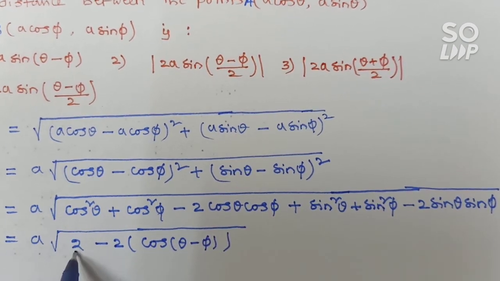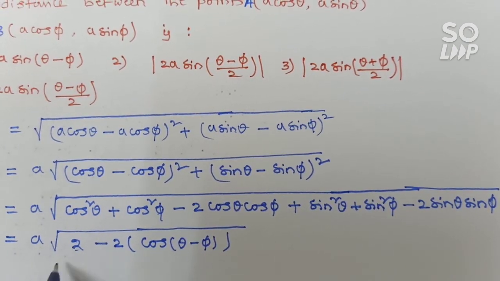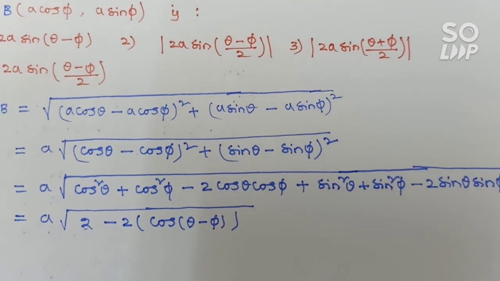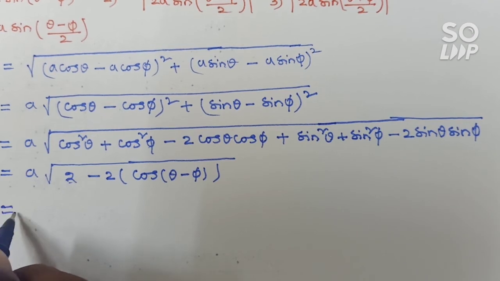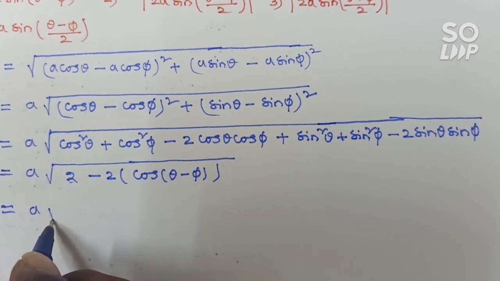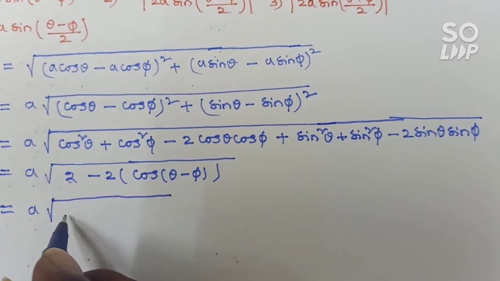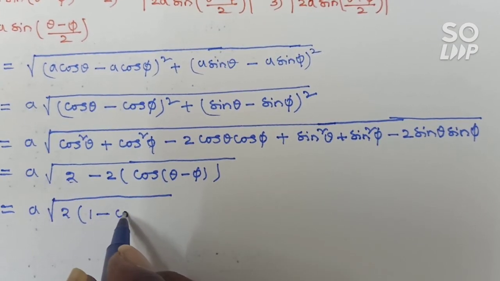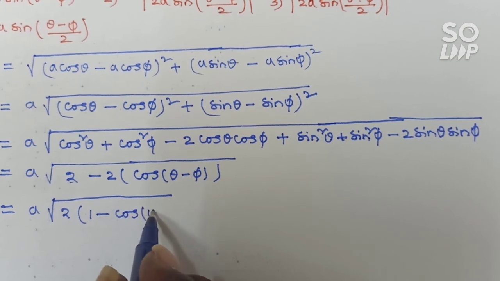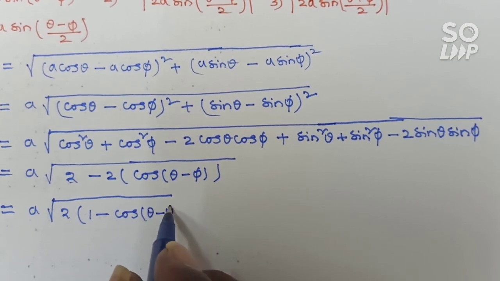Okay, now again you take 2 as the common factor. This becomes A into square root of 2 into 1 minus cos of theta minus pi.